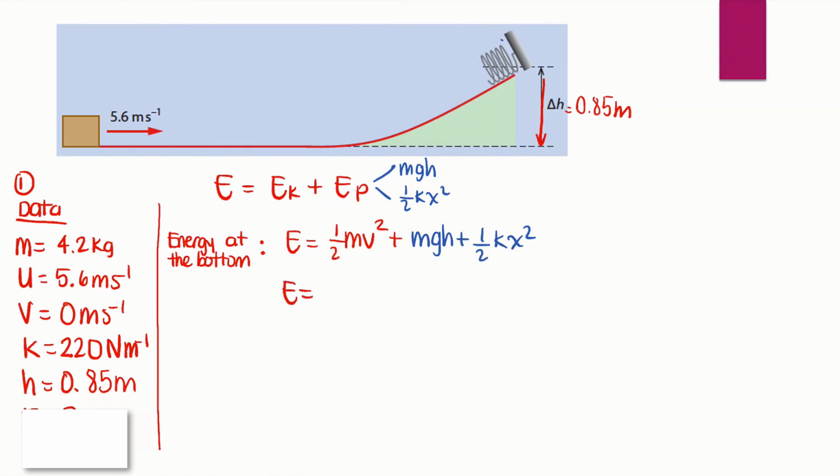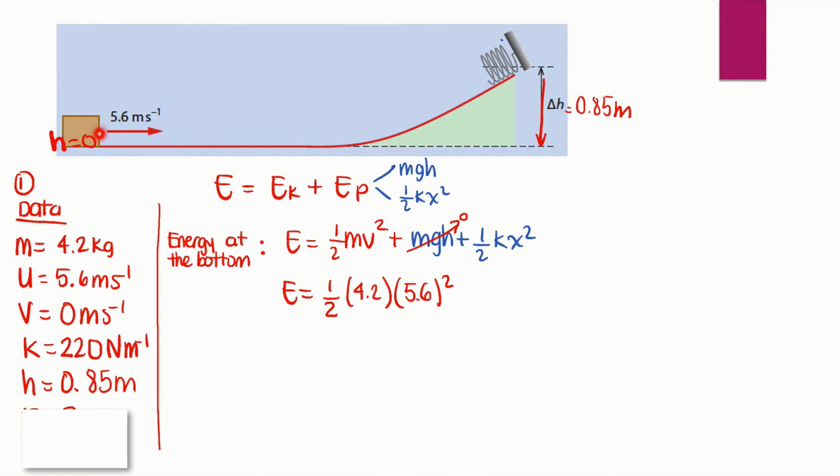So at the bottom, we're going to have 1/2 of the mass, which is 4.2 kilograms, times the initial velocity, which is 5.6 meters per second, squared. Now, what happened to the height at this point? At this point, height equals 0, so all this term is going to be 0.